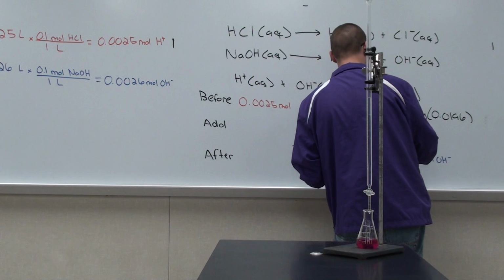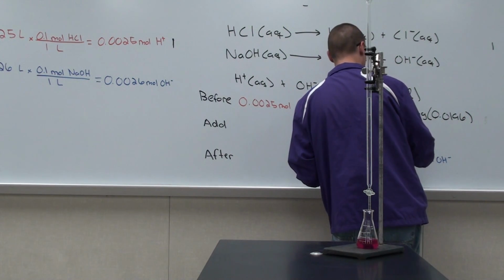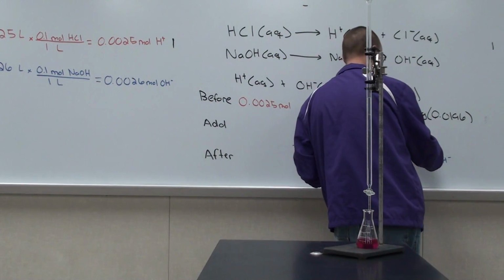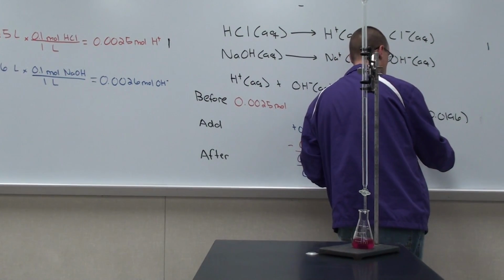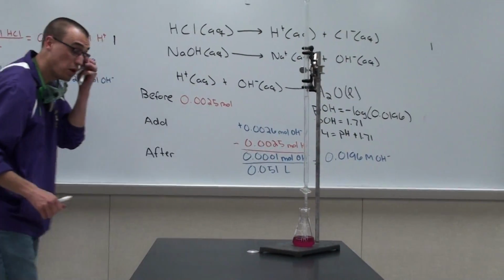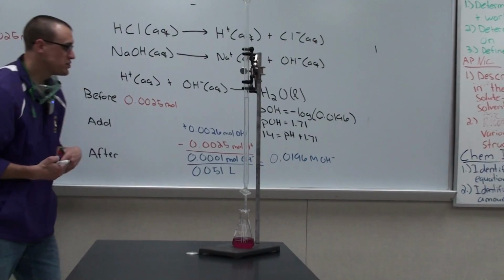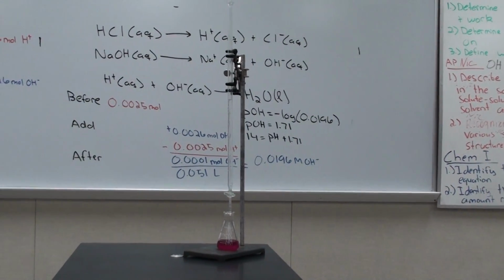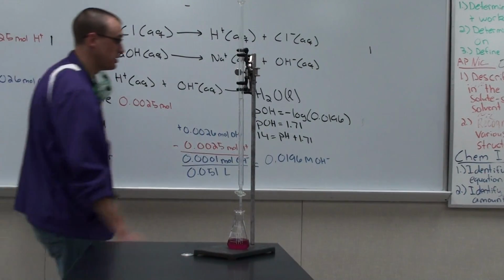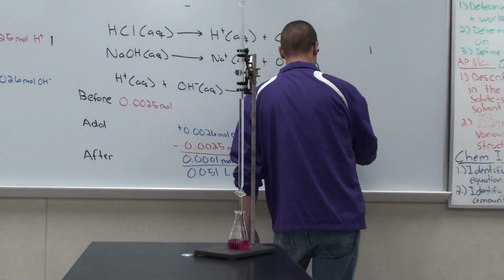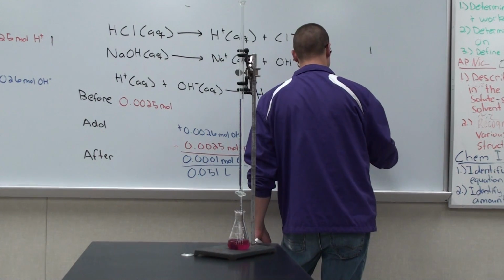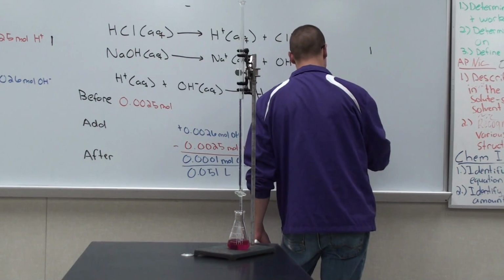To find our pH, we take 14 equals our pH, which we don't know yet, plus our pOH, which we found to be 2.71. We subtract 2.71 from each side, and we end up with a pH of 11.29.